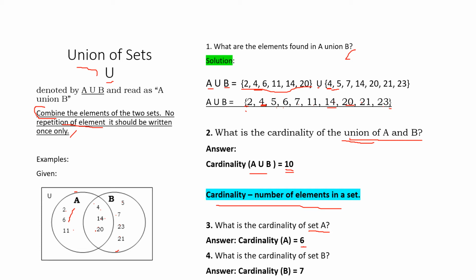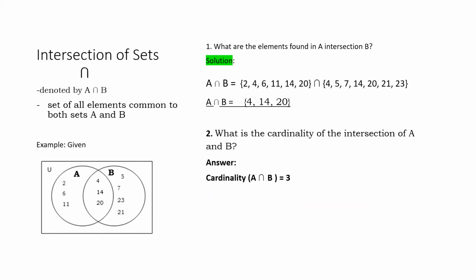Okay? Next, we have intersection of sets. The symbol for intersection is this one. Inverted letter U. Baliktad na letter U. Ito. Denoted by A intersection B. How do we perform intersection?